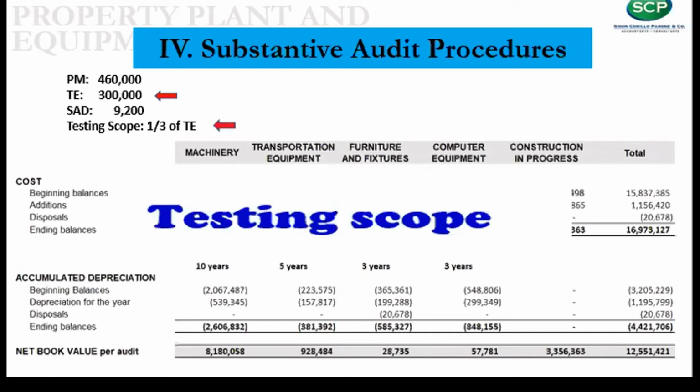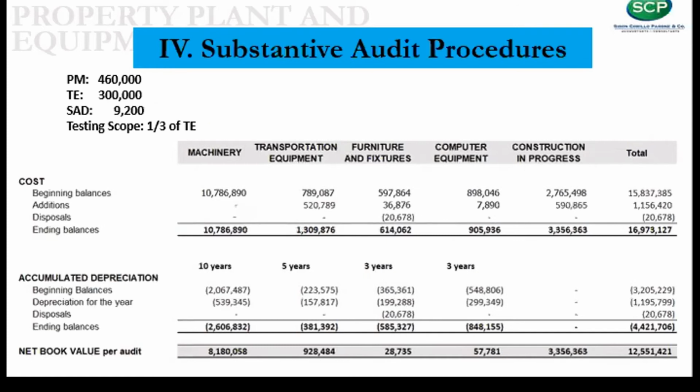Anyway, going back to the roll forward analysis, only machinery, equipment, transportation equipment, and construction in progress met the TE amount of 300,000.